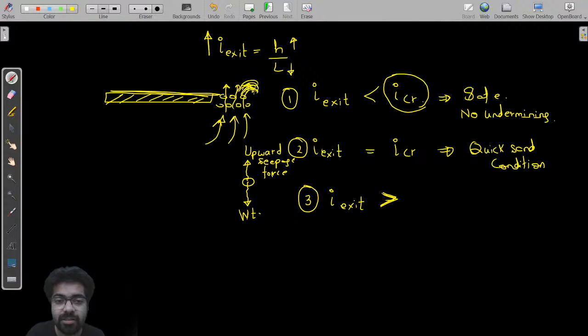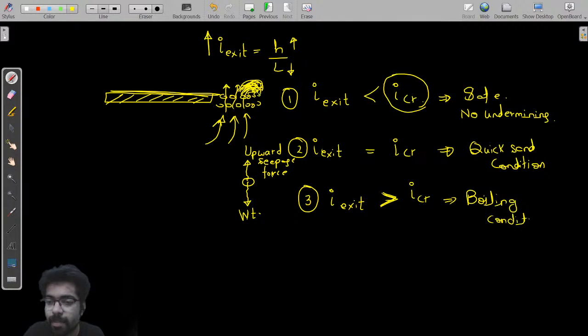Erosion will start happening. Yesterday I discussed this. This is known as the boiling condition. You will see that the soil is jumping.